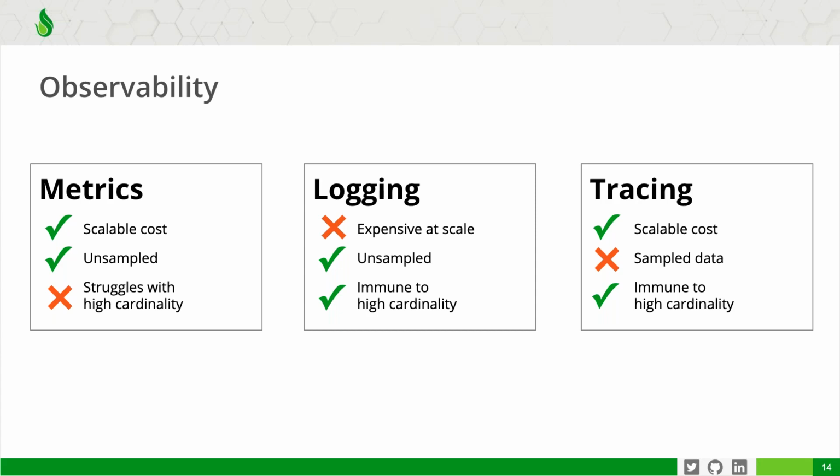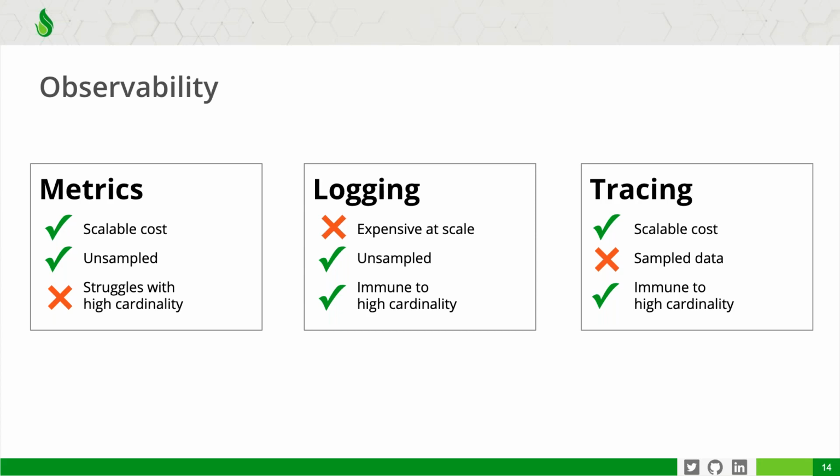Metrics is great in that the cost is scalable. As you increase the amount of traffic, you can predict with reasonable estimates what the cost of maintaining those metrics is going to be. You're able to roll them up over longer periods of time to summarize the data. Metrics are unsampled, meaning that 100% of transactions contribute to your metric. The struggle with metrics is this third one, cardinality.